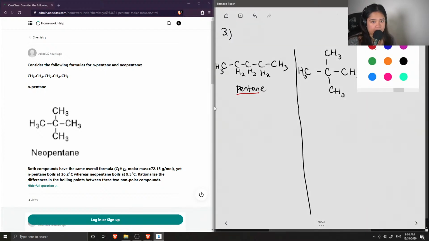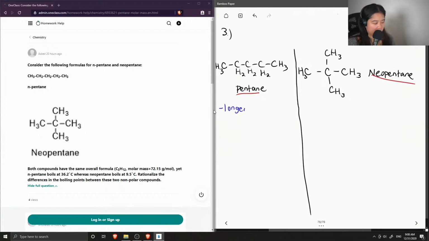So, in the case of pentane, you'll notice that it is a longer molecule. And in the case of the neopentane, it is shorter chained, I guess.